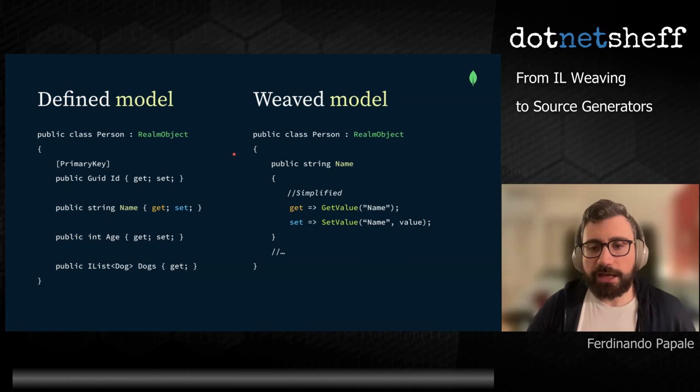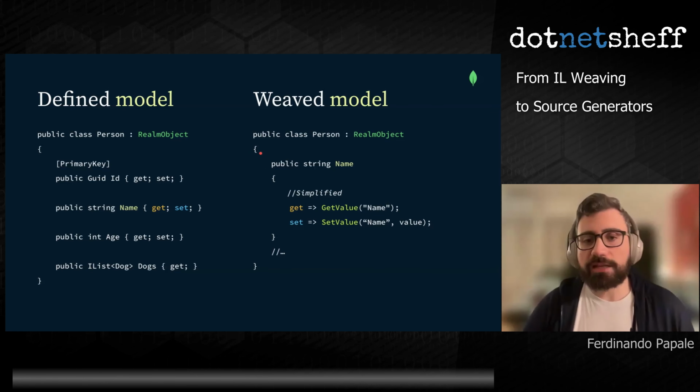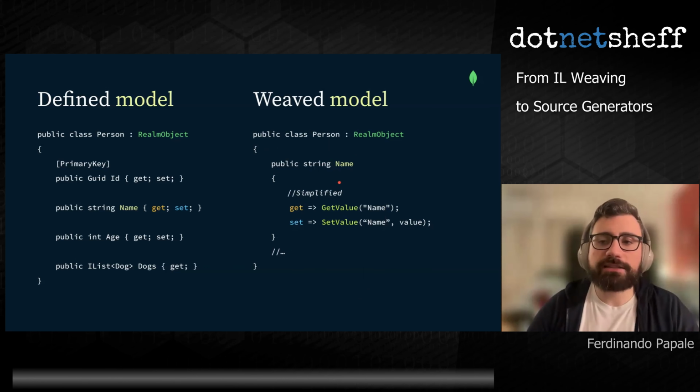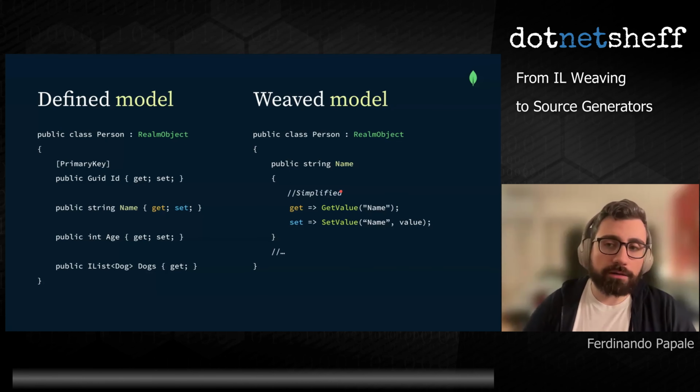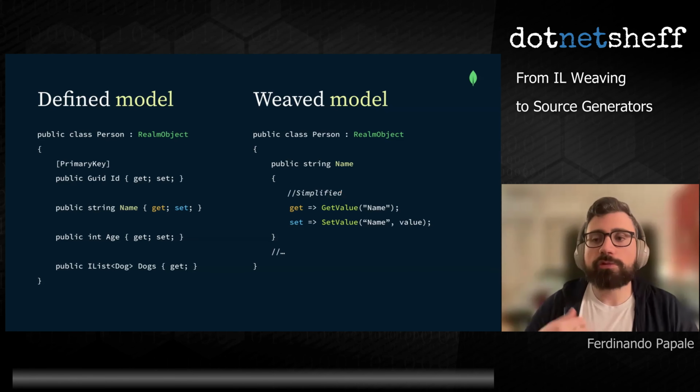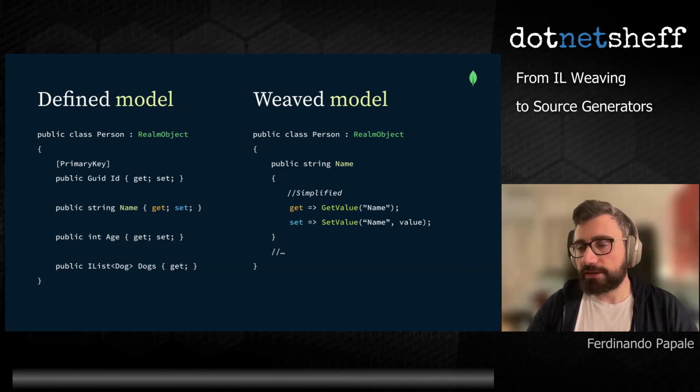Now, one thing that you need to remember about this is that what you see here on the right is an extremely simplified version of what is happening with the Weaver, because the logic inside the getters and setters is actually much more complicated. It depends on various parameters, among which the type of the property, because this gets much more complicated for a collection. It depends on the status of the object and so on.